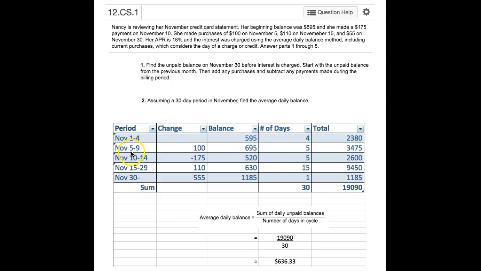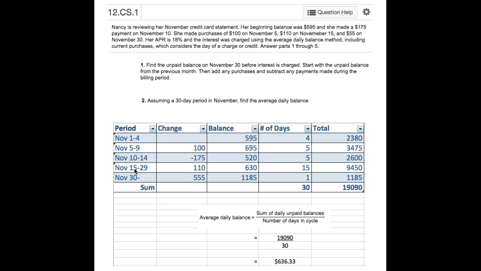And that is on November 5th, 6th, 7th, 8th, and 9th. On the 10th, she made a payment of $175, and so I'm subtracting $175 from the balance on her account, and we end up with $520. So $695 minus $175 leaves us with $520.